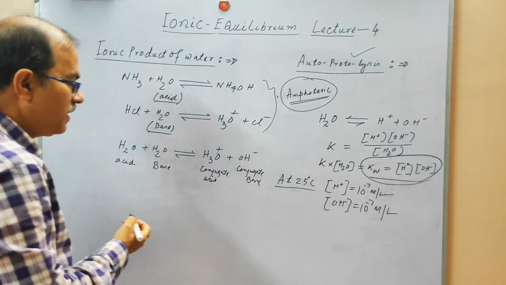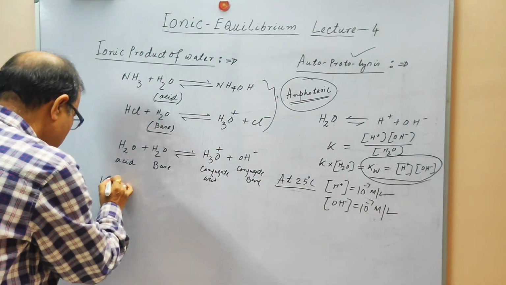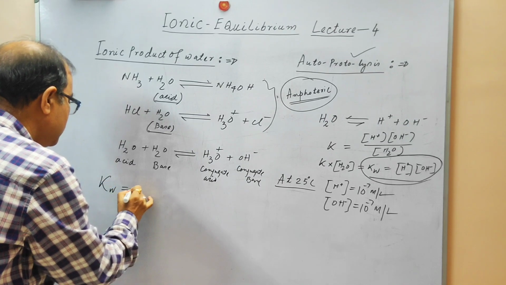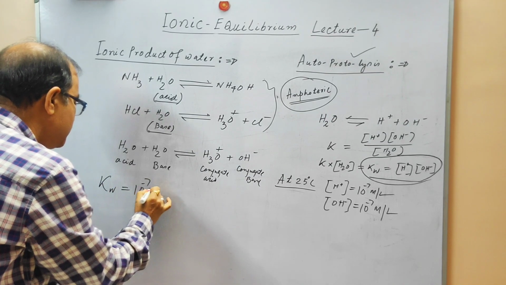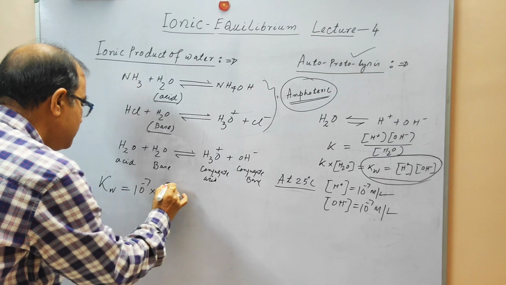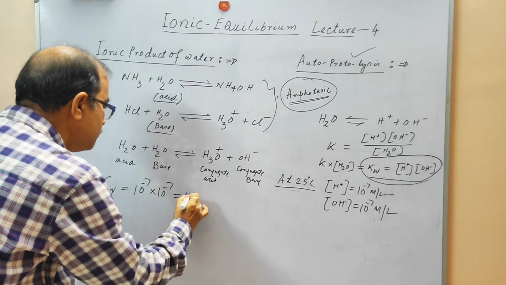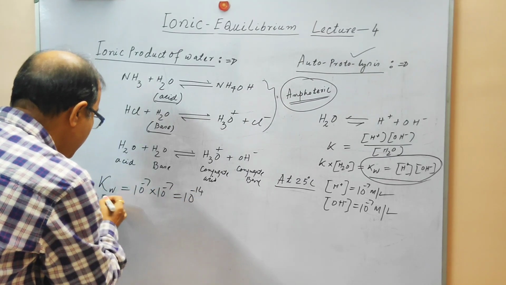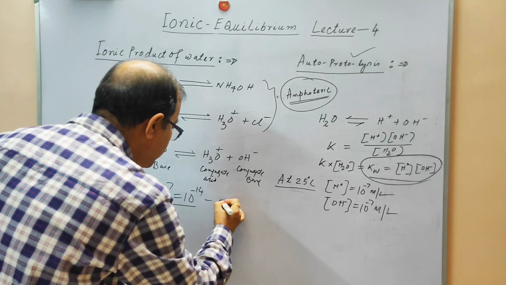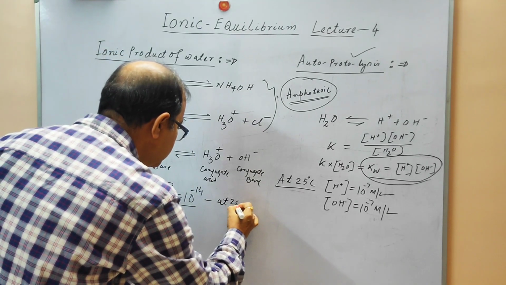So Kw, the ionic product, is 10 to the power minus 7 into 10 to the power minus 7, which comes to around 10 to the power minus 14 at a temperature of 25 degrees Celsius.